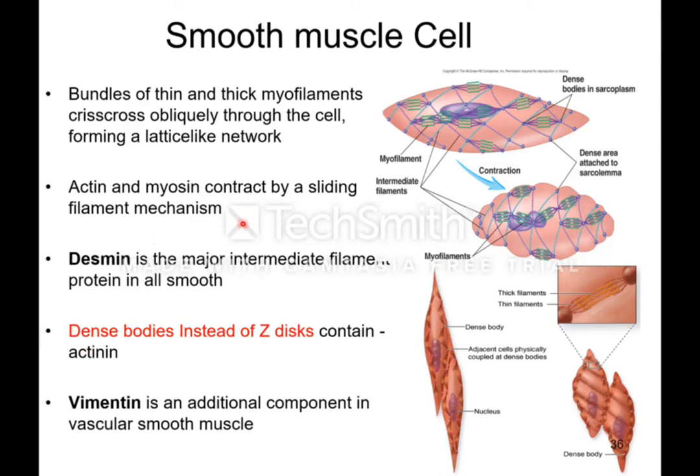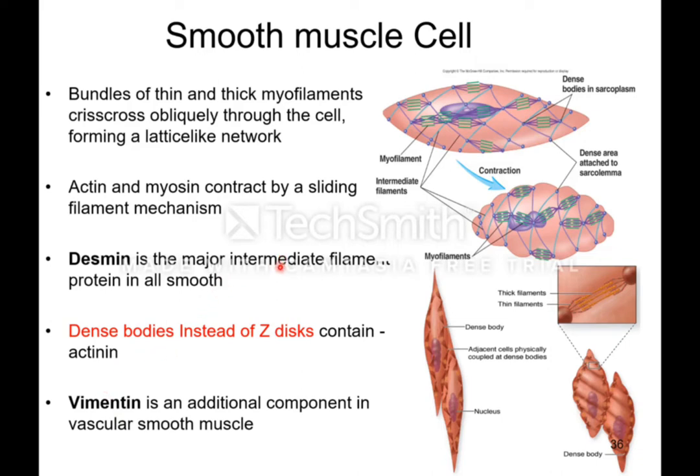In the smooth muscle, actin and myosin also contract by a sliding filament mechanism. But in the dense body, in addition to alpha-actinin, two other proteins that are intermediate filaments, desmin and vimentin, are located.